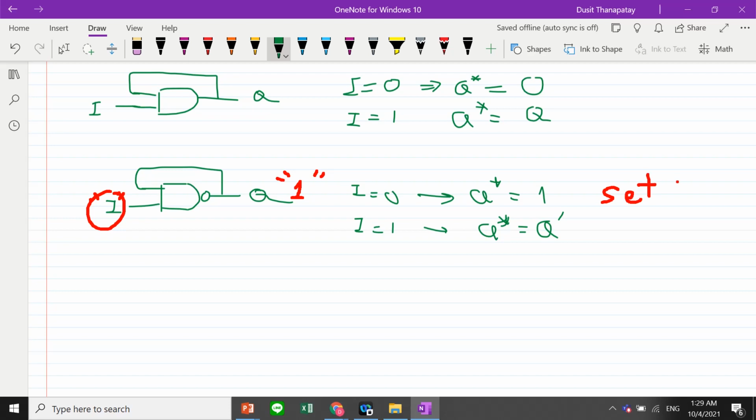Set is the action that forces the output to be 1, not depending on the previous value of Q or the current value of Q. Whenever you apply input I, in this case I 0, into this circuit, the output will be 1. So it's set. So now you know the word set.